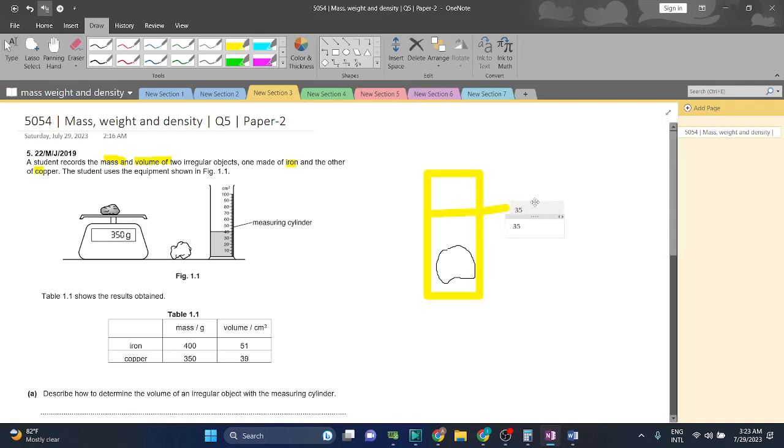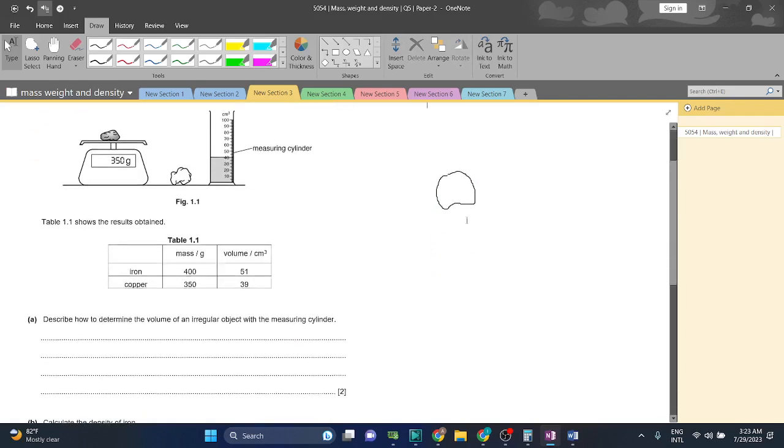right? If it rises up to 35 cubic centimeter, then the difference between before adding the rock and after adding the rock will be 15, and that will be the volume of the rock. समझ आया आपको. It's very simple. आपको मैंने उर्दू में बता दिया.